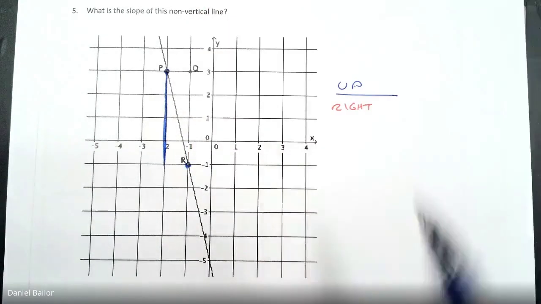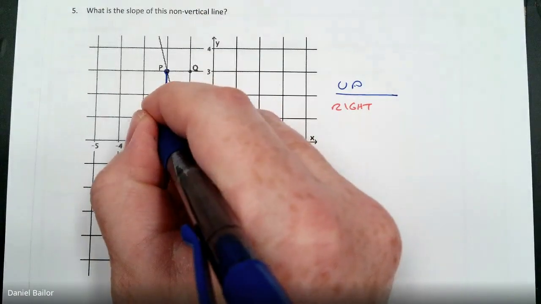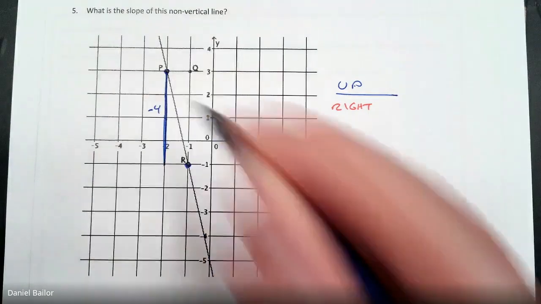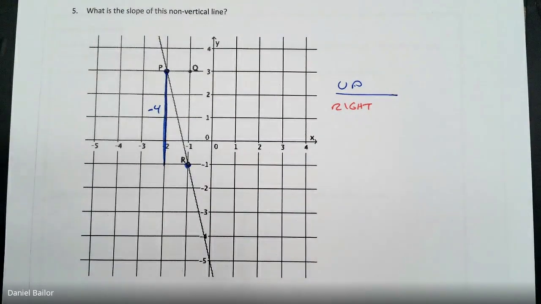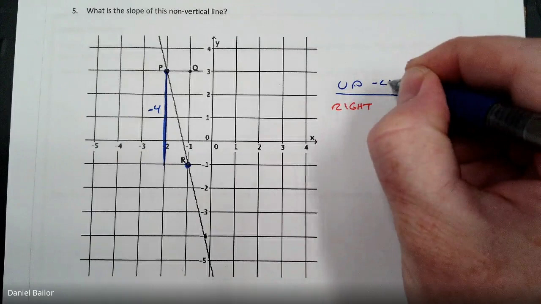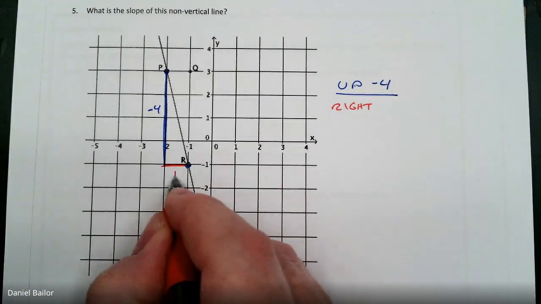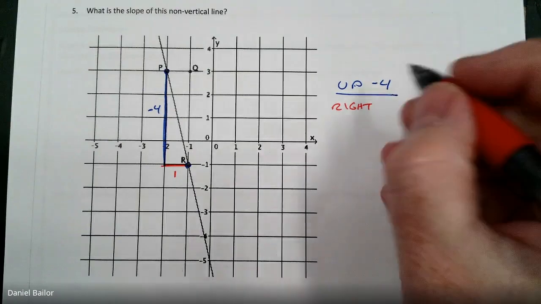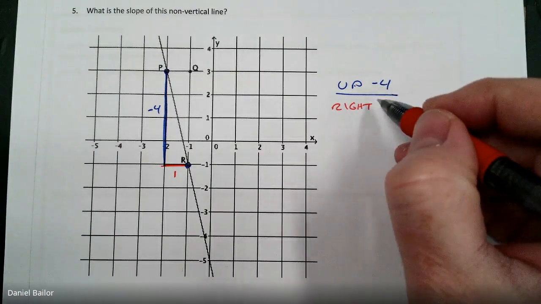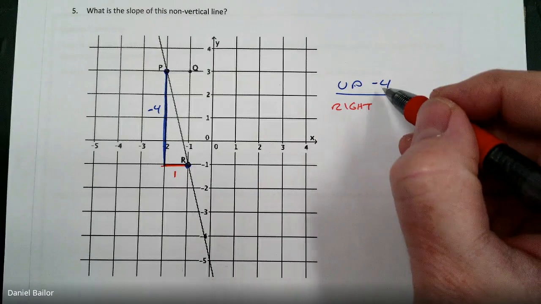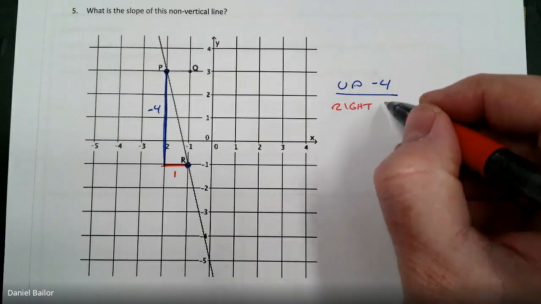So down 4 means we went negative 4. Up negative 4. How many right did we go? Right 1. So up negative 4 because we went down, but we still say up because that's how slope works. Right 1.